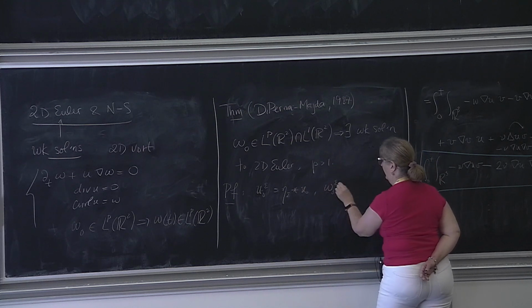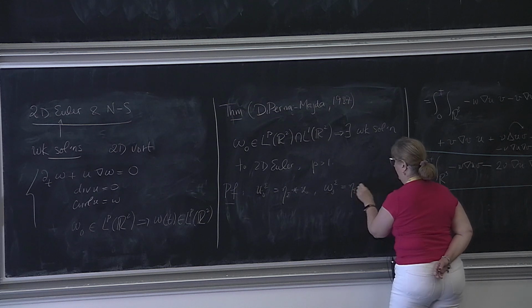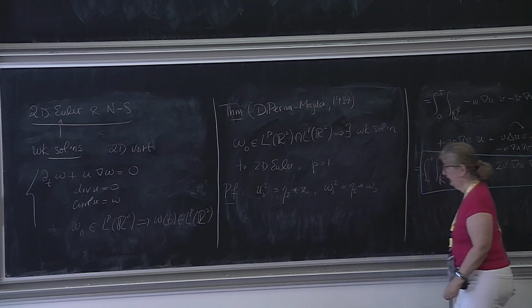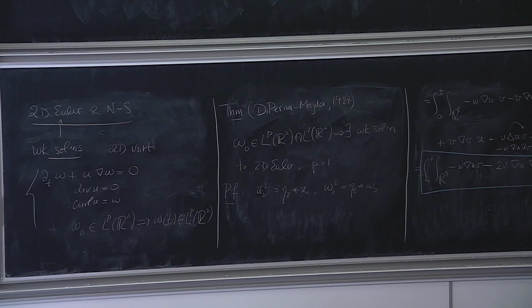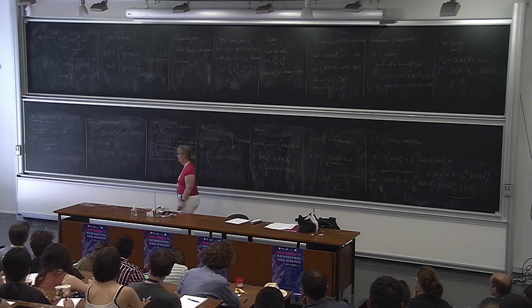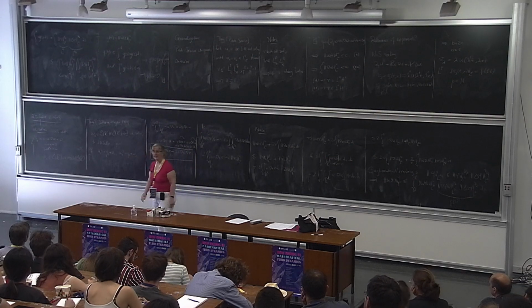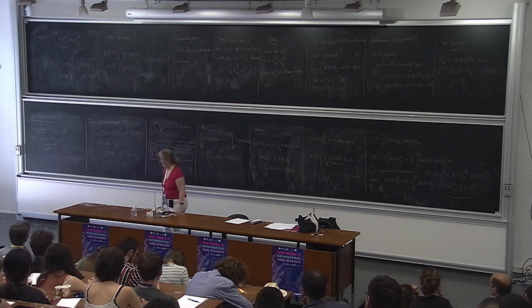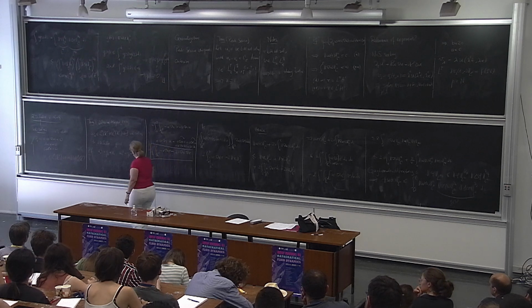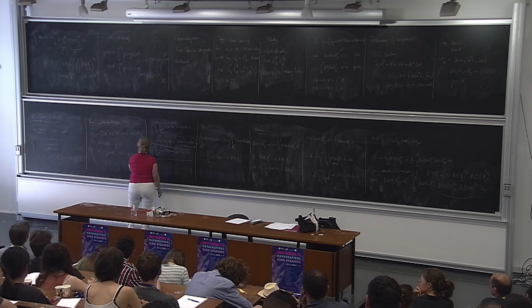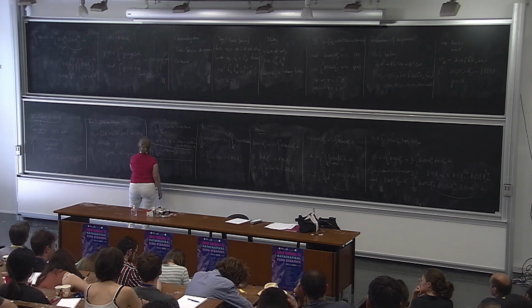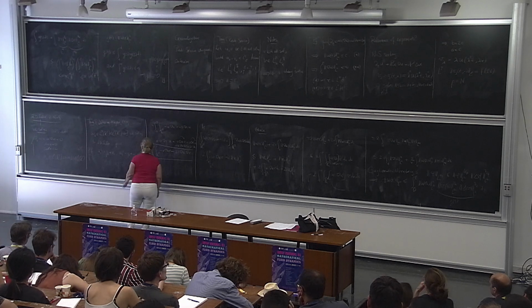You take omega naught epsilon, mollification of omega naught. Okay? Actually, what you want to do is take initial vorticity and build your initial velocity from your initial vorticity. You can do that by solving that elliptic system in a standard way. Okay, now this guy here is smooth. And it's still LP, and it's still L1.